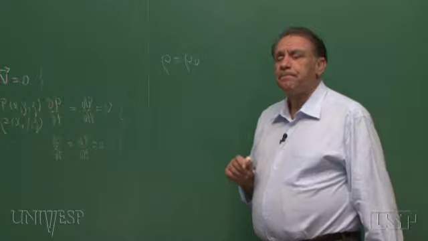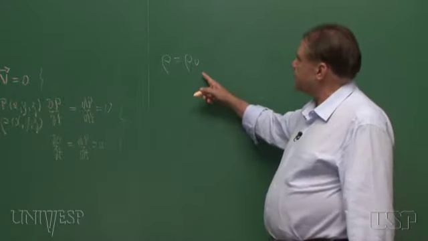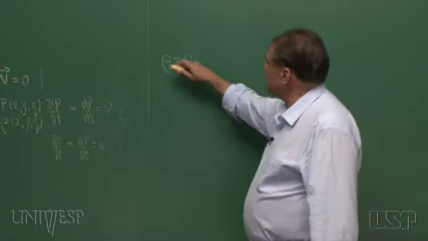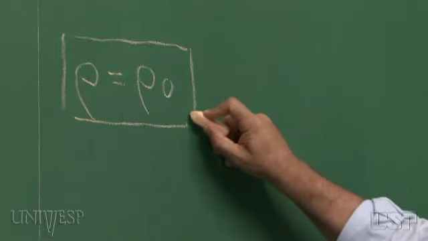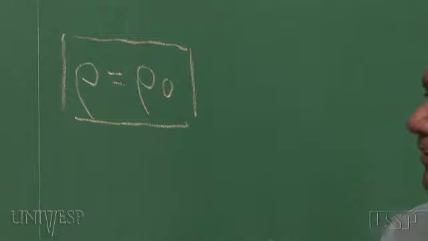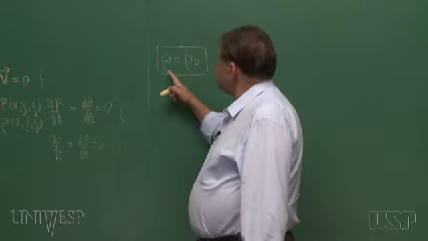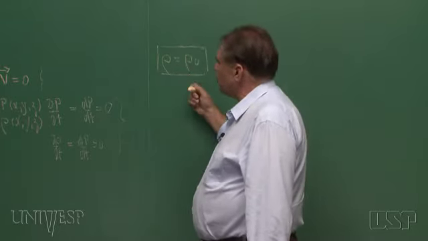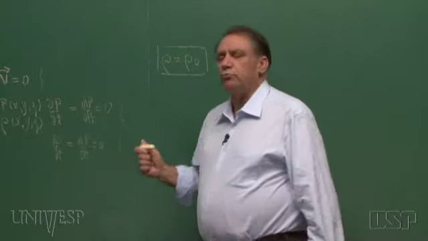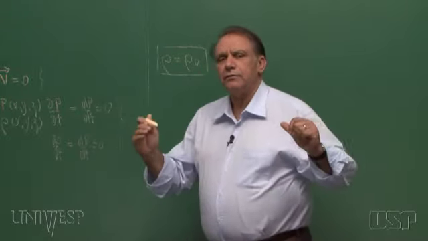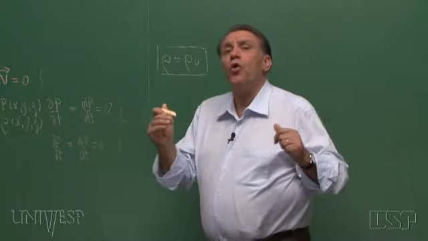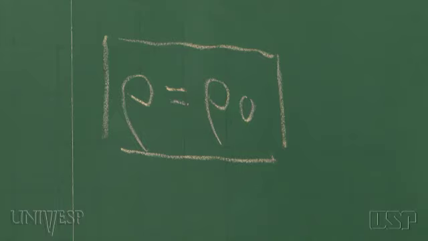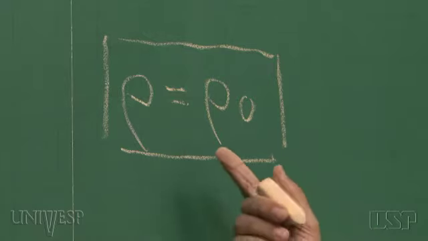But this is a simple case, right? It's the case where the fluid is at rest and the density is constant. This type of fluid is known as an incompressible fluid, right? That is, we are not imagining a situation in which it is possible to compress the fluid and consequently alter its density.